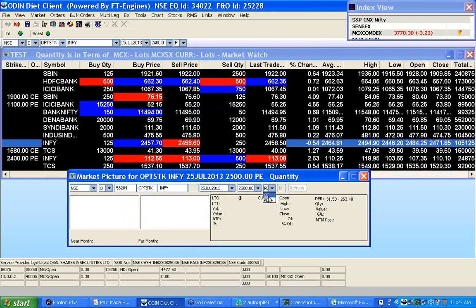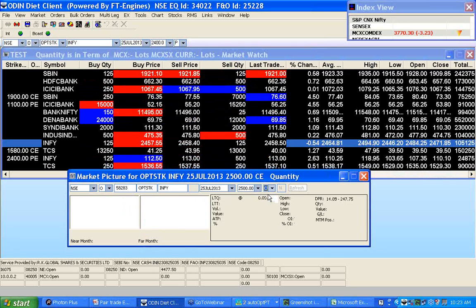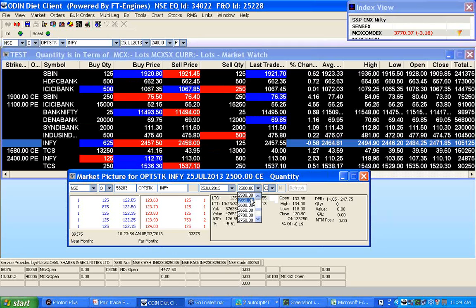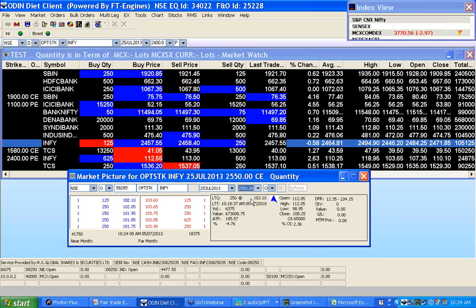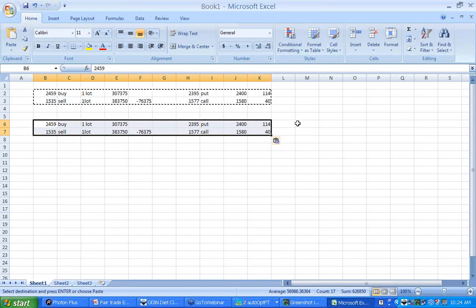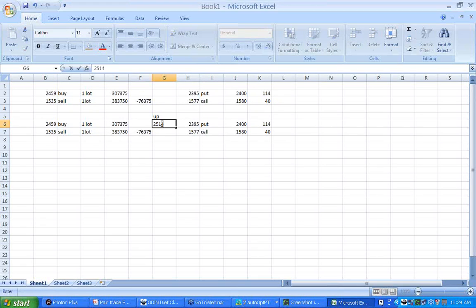2514, 2500 call option, let me see what price the 2500 call option is quoting. 123 level. So 2514 level, fine. I can think of the 2550 call option in this order also. My uptrend is 2514, hence I am selling the 2550 call option at 103.